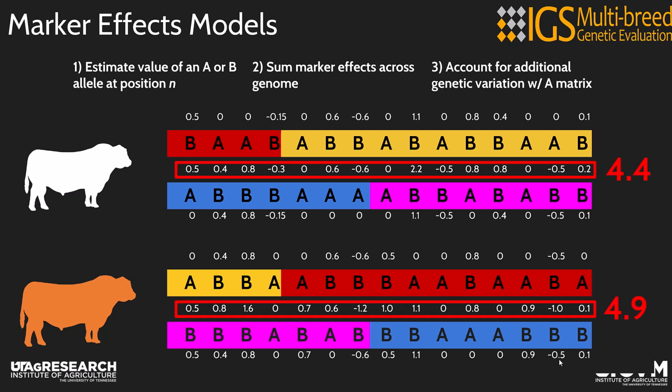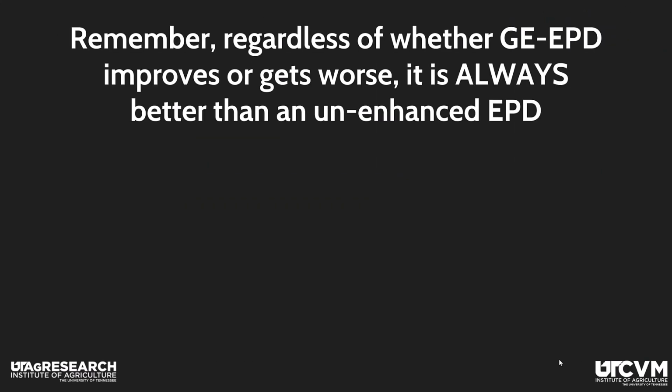Again, some clever math to correct for pedigree differences and other variation that isn't contained in these markers. But at the end of the day, they get us to a similar point as that single-step GBLUP model would have gotten us to.